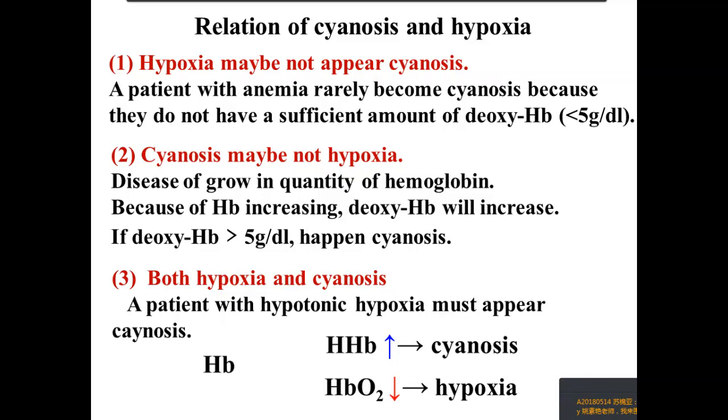When hemoglobin increases, deoxyhemoglobin increases, giving cyanosis. Oxyhemoglobin decreases, giving hypoxia. If deoxyhemoglobin is normal, there is no cyanosis. If oxyhemoglobin is normal, there is no hypoxia. Understand? Now it is the relation.